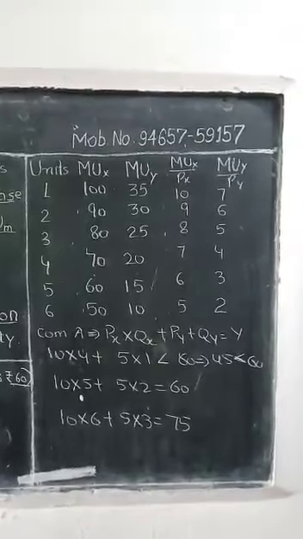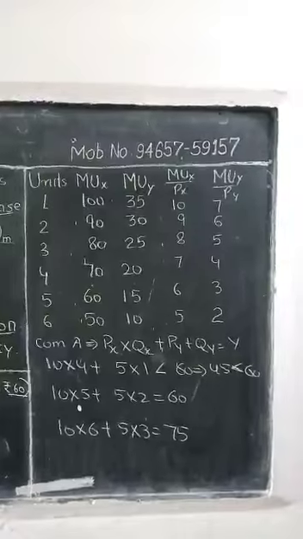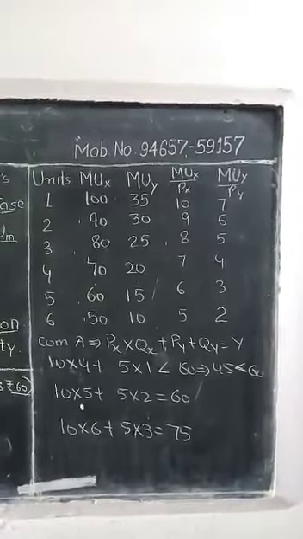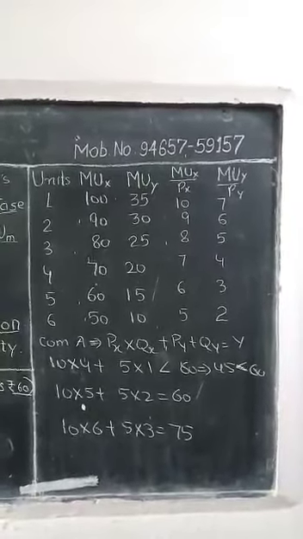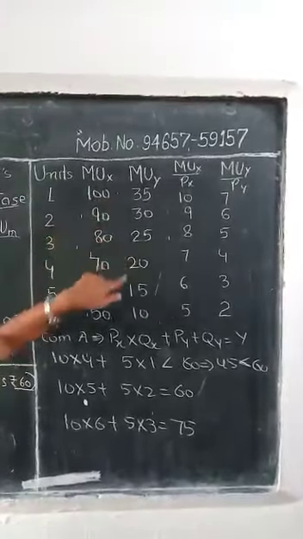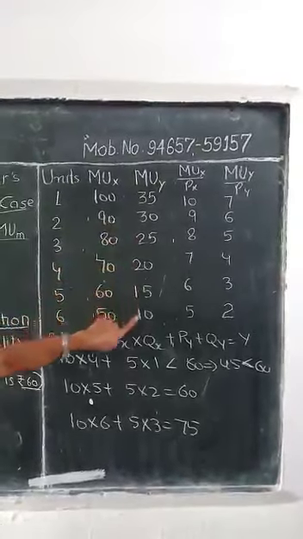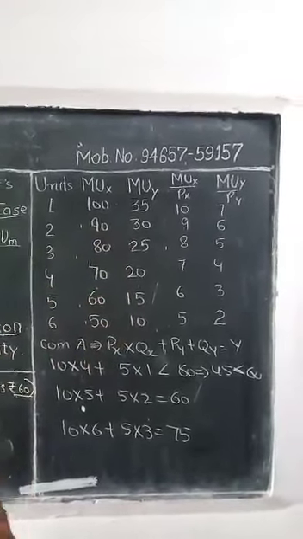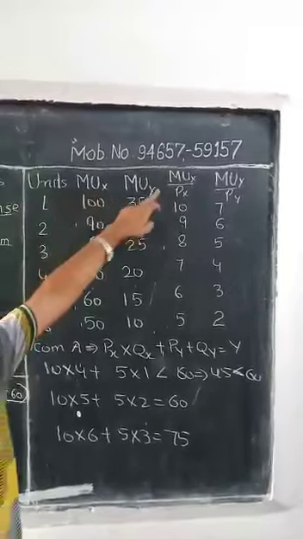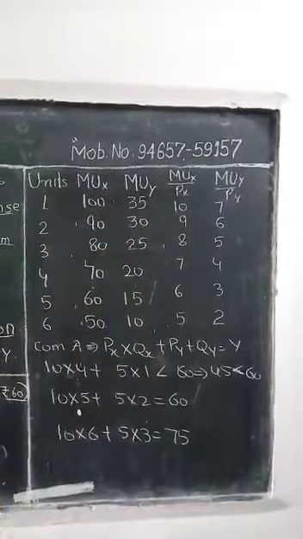You consume both commodities, but you get more satisfaction from one and less from the other. Any two commodities can be there. So this is also diminishing: 35, 30, 25, 20, 15, 10. I hope you are getting it. Then next is the equation, marginal utility of x divided by price of x. So this was the equation.